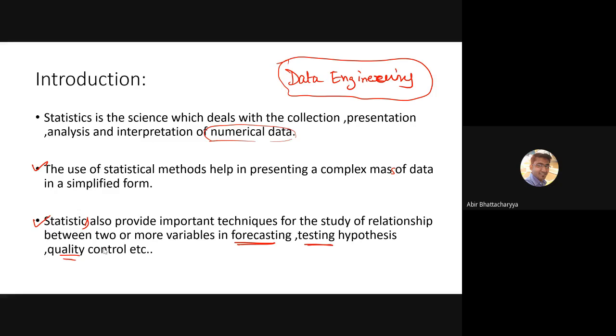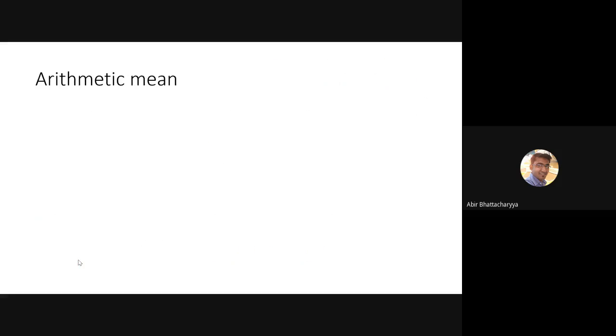Descriptive statistics and statistical inference together help us with forecasting, testing of hypothesis and quality control. These are applicable in inferential statistics, and inferential statistics has the base of descriptive statistics. So descriptive statistics is the base of everything. We are going to start descriptive statistics here.